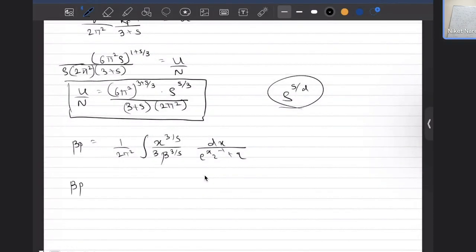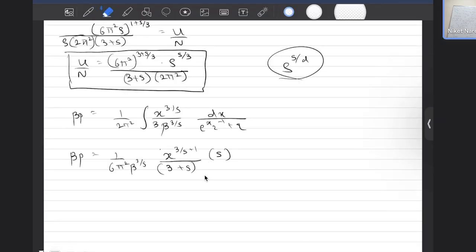Beta P is equal to 1 by 2 pi square integral. You also have 6 pi square beta power 3 by s, x power 3 by s plus 1 divided by, yes, this is what you end up with, right?